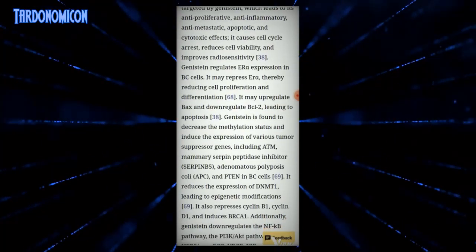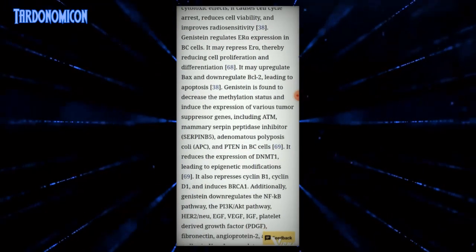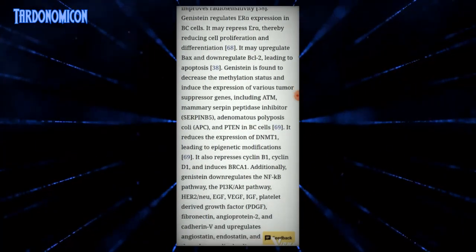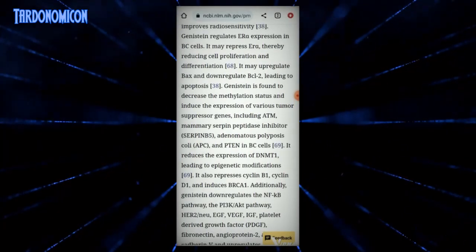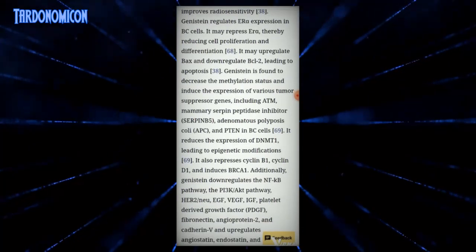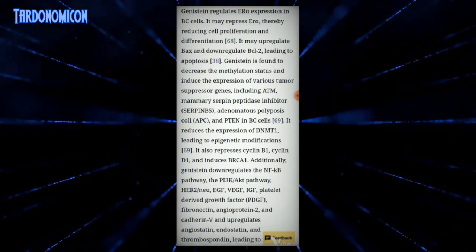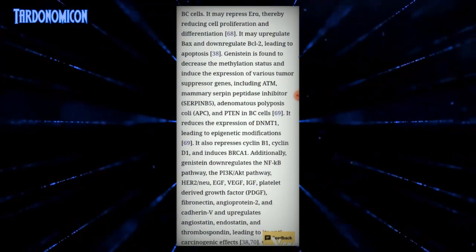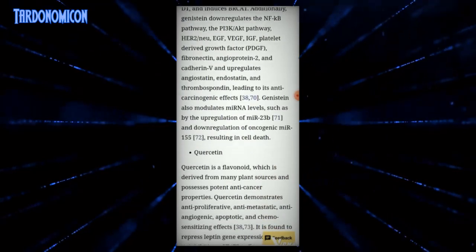It causes cell cycle arrest, reduces cell viability, and improves radiosensitivity. Genistein regulates ERα expression in breast cancer cells. It may repress ERα, thereby reducing cell proliferation and differentiation. It may upregulate BAX.